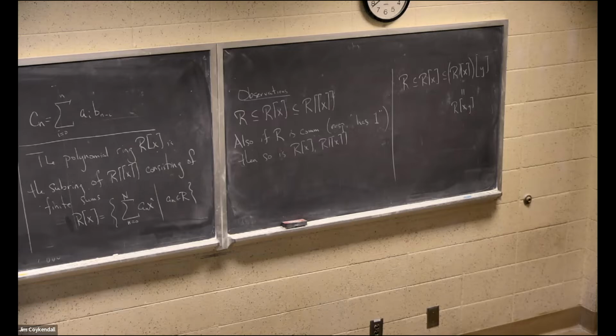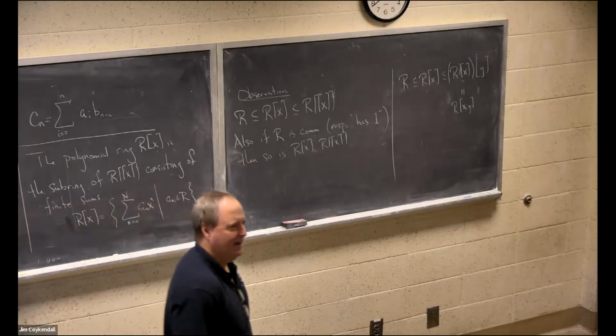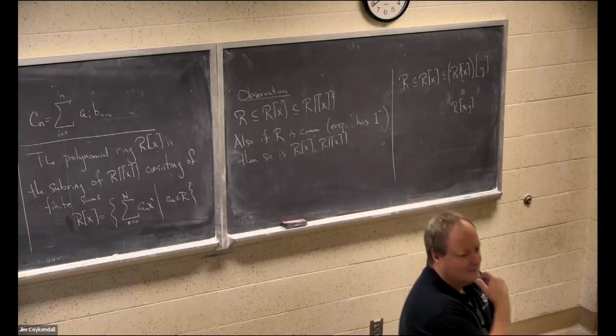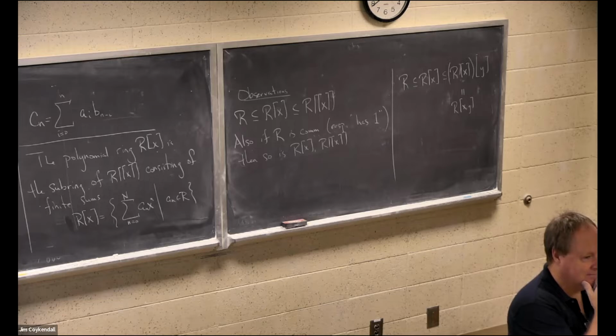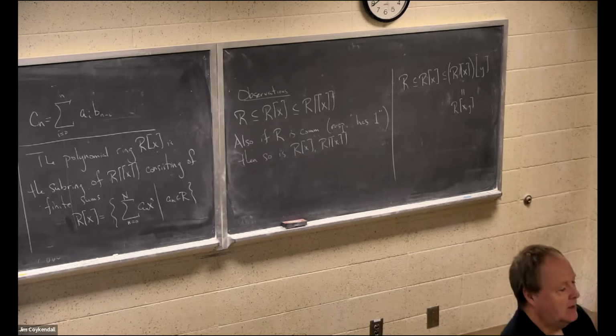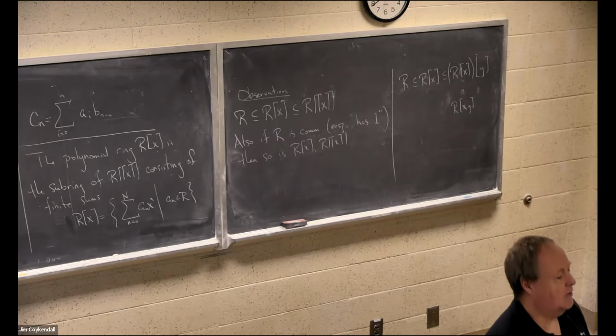Can anybody think of a quick point of why things might be different than polynomials? Well, you can think of a polynomial ring as the union of all the subpolynomial rings, and it's all the same concept.